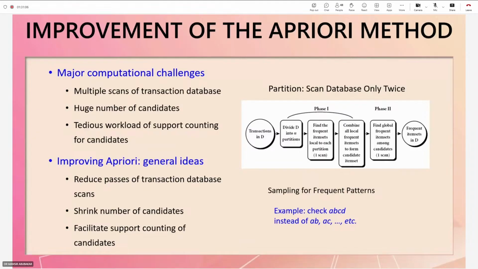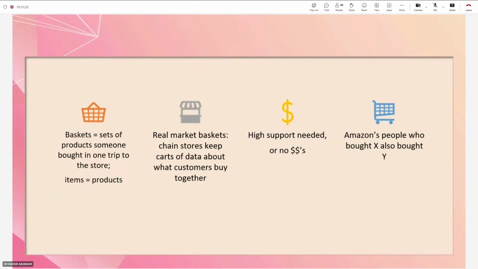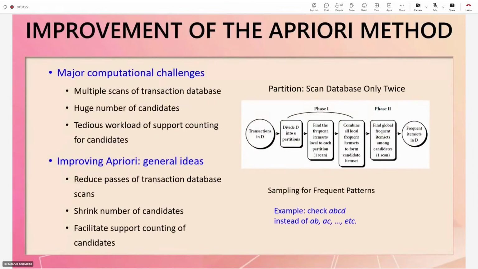You see, so now it is trying to reduce the passes of transaction data scanning, to shrink the number of candidates, and then facilitate support counts. It's trying to solve this problem. So look at this, for example. Let's say you have A, B, C in the data set.